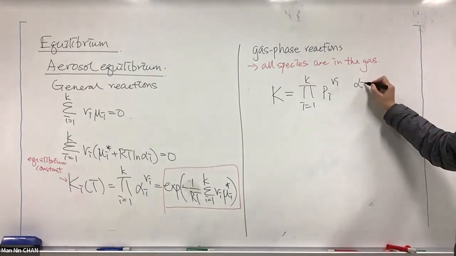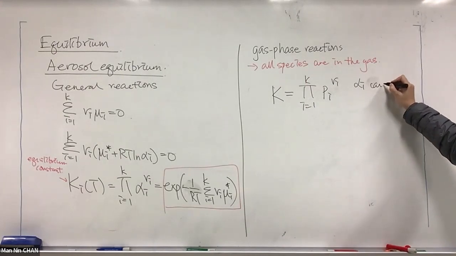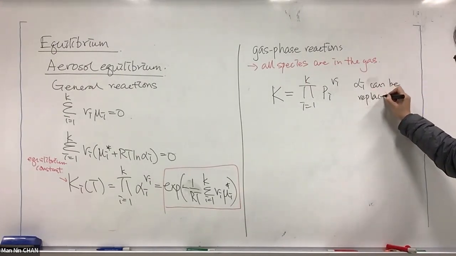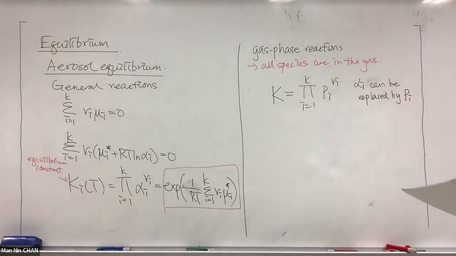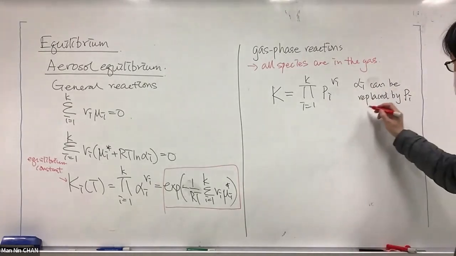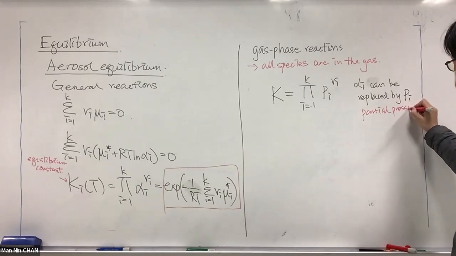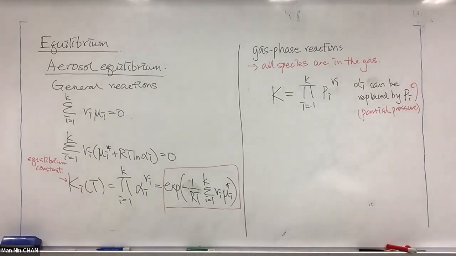So then in this case, the activity can be replaced by the partial pressure, okay? I just want to correct one of my corrections.